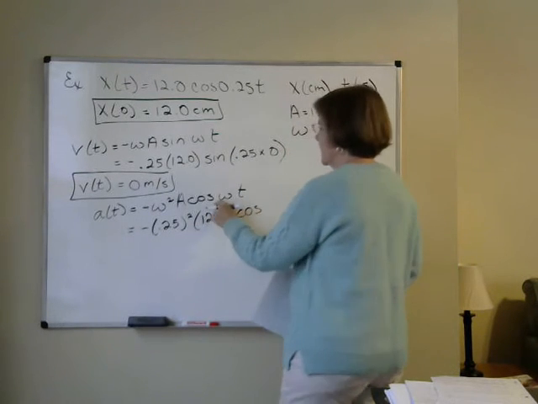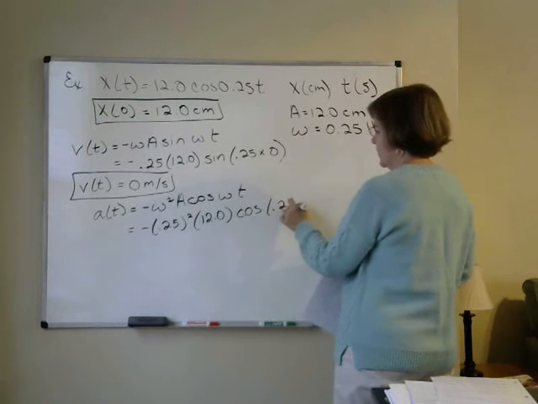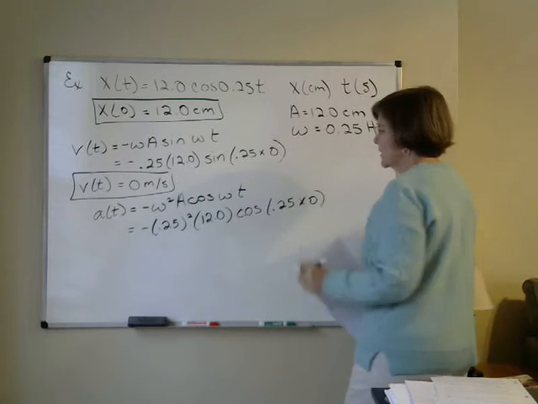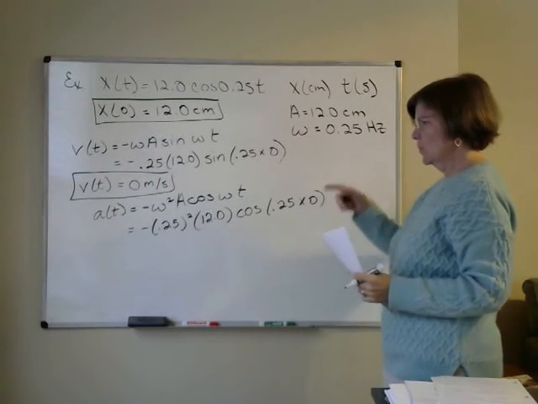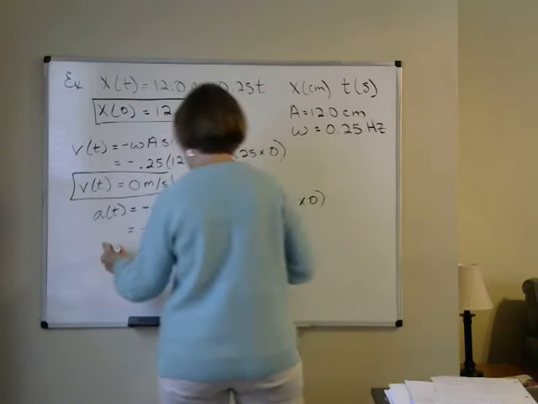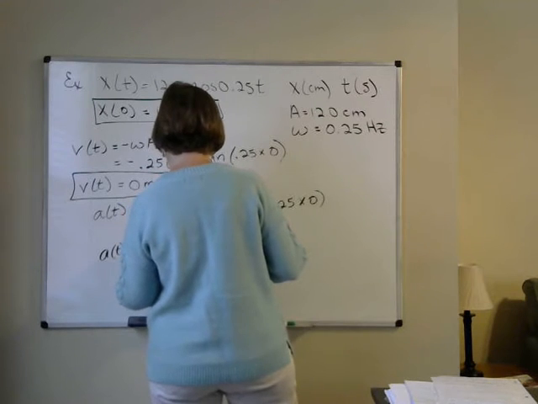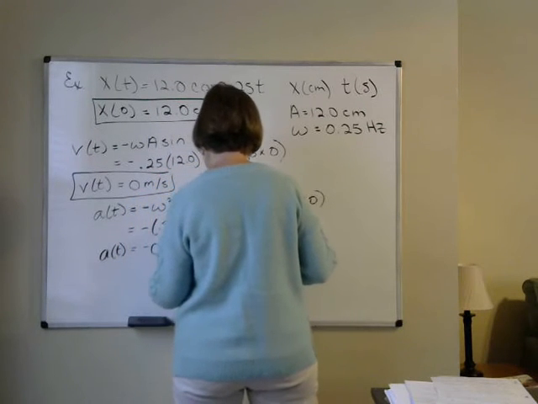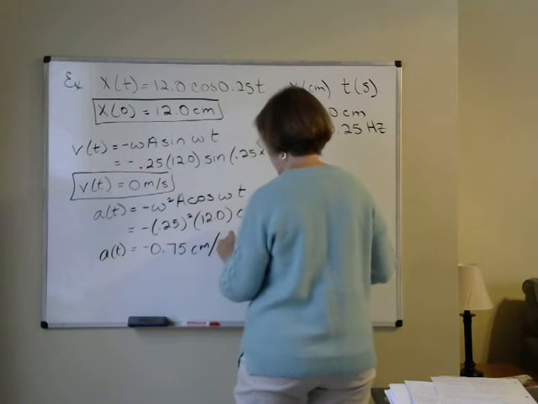Cosine, again, if omega is 0.25, but t is 0, cosine of 0 is 1. All of this is just going to become 1. And this came out to be negative 0.75 centimeters per second squared.